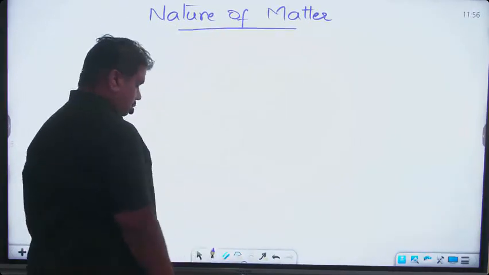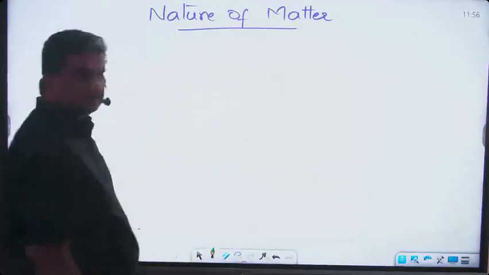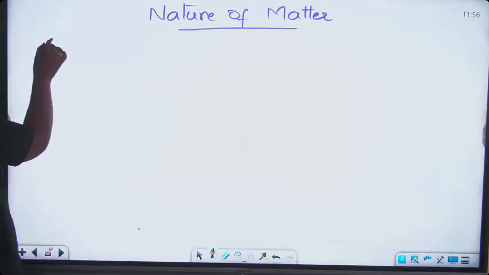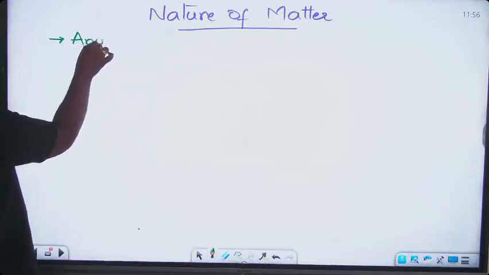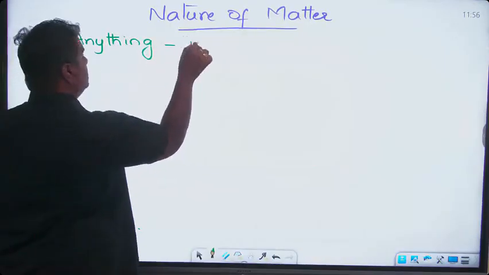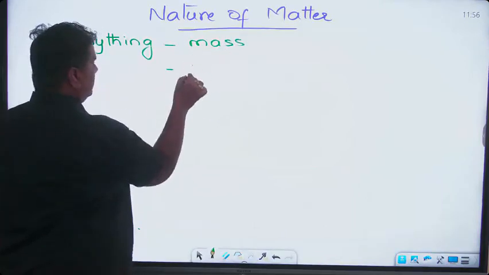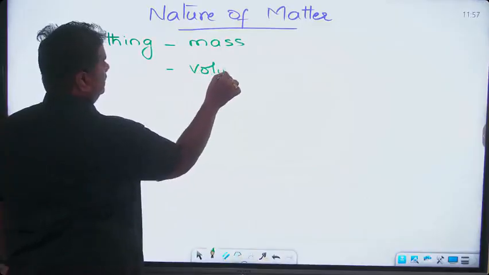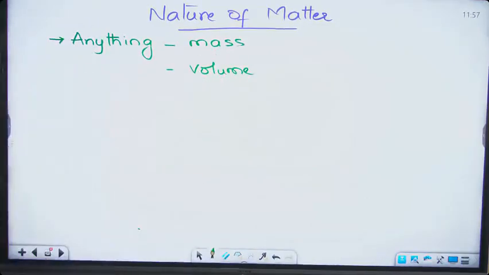So first thing, what do you mean by matter? Anything which occupies a space, anything which has got some amount of mass, and anything which occupies volume, that is known as matter.